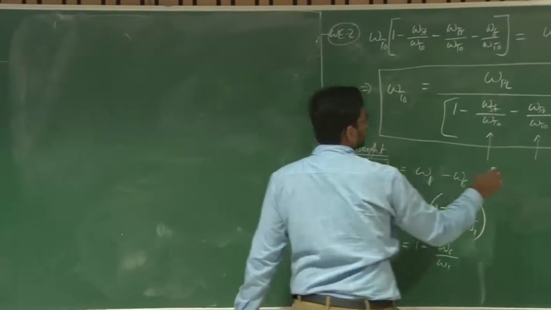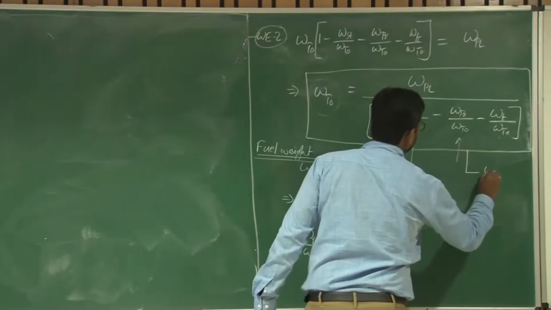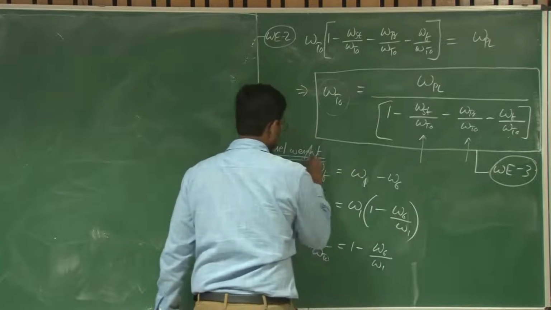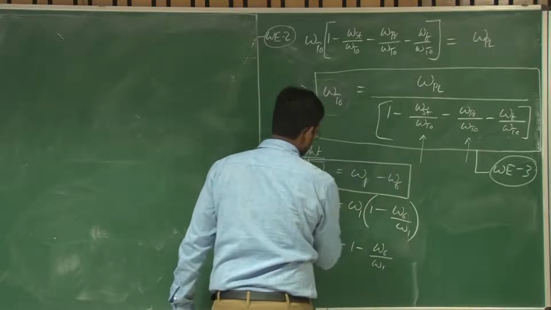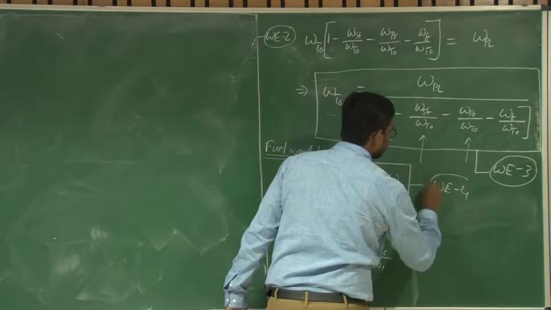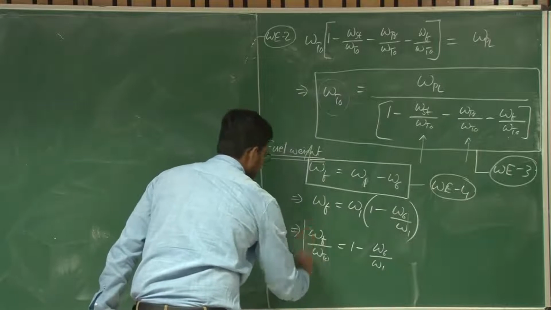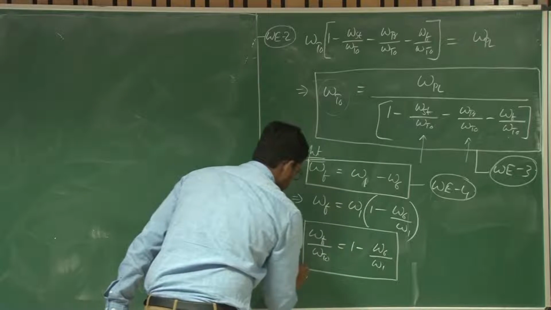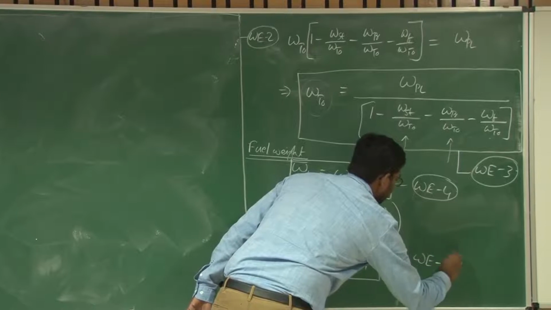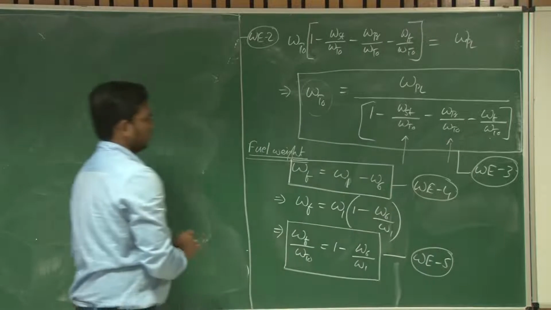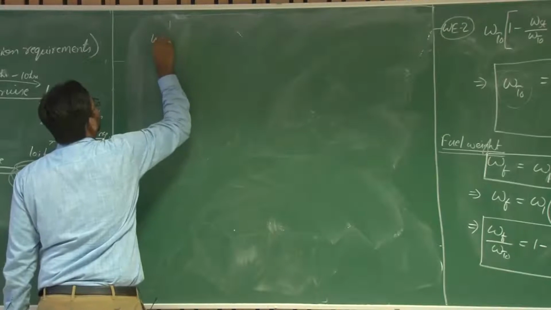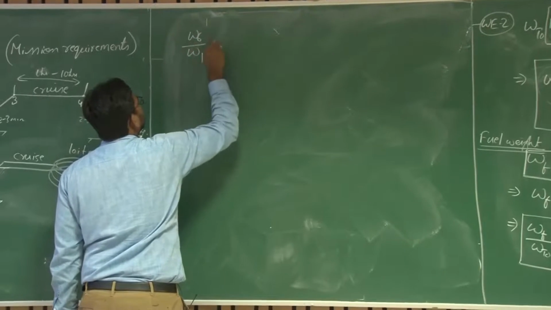This equation, name it as WE3, and this equation is WE4, weight estimation equation 4, and this is weight estimation equation 5, right. So what is this W6 by W1?